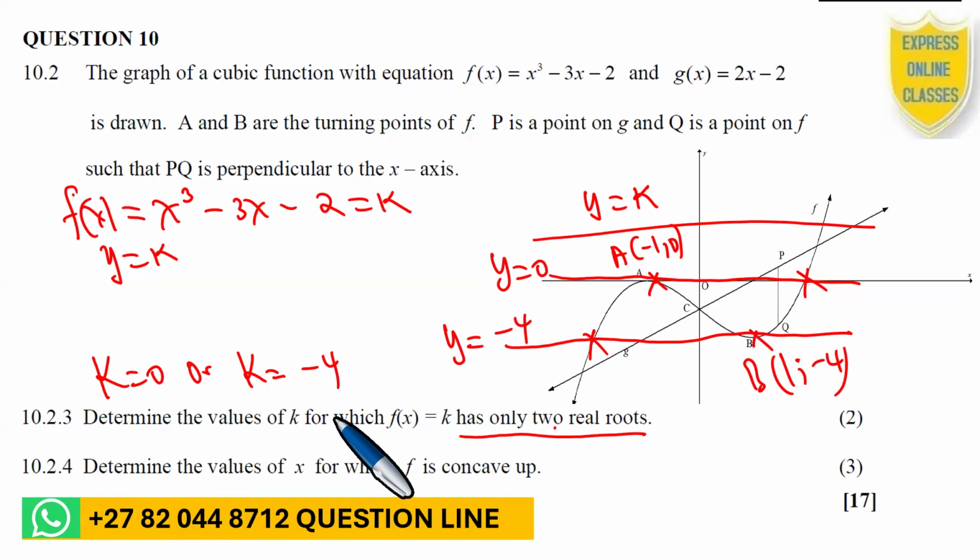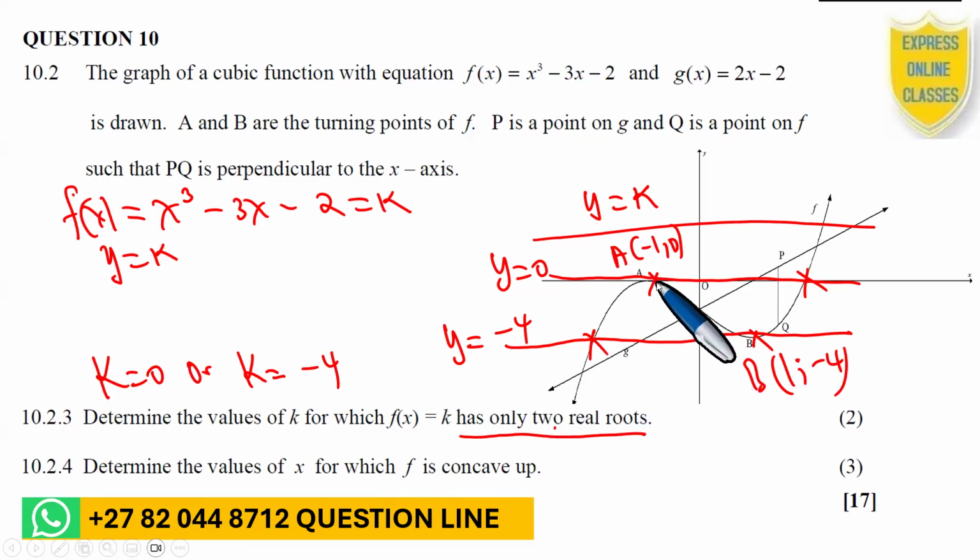So we continue with the check. So any questions? Those are the two answers to the question. The lines touch the graph at 2 points only, giving us 2 real roots.